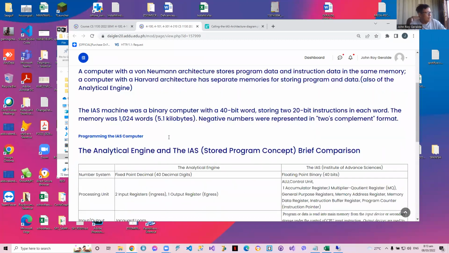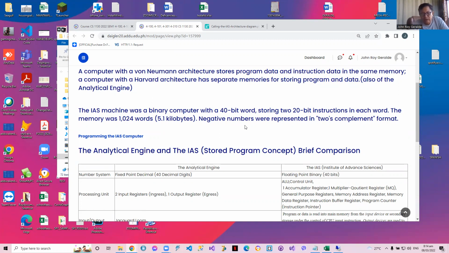So, the IAS machine is a binary computer, no longer decimal like ENIAC, with 40-bit words. That means the grouping is not by bytes, right? How much is 1 byte? 8 bits. How much is 1 word today? Anyone?